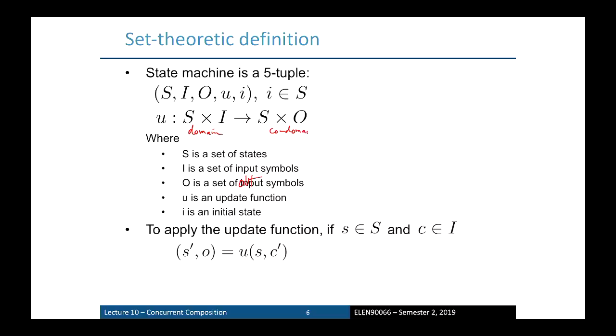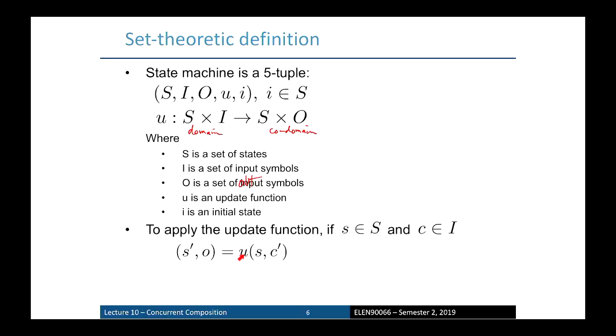Kind of makes sense. And so, for instance, if we choose, say, an I, which is just some initial state, so it's a member of the set of states, and we apply the update function.